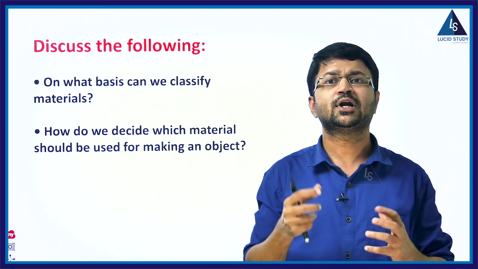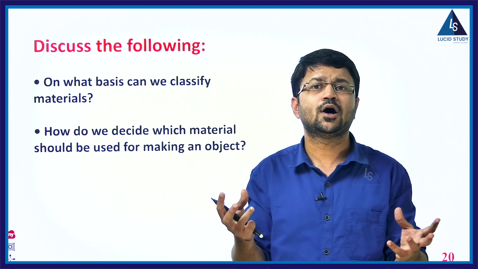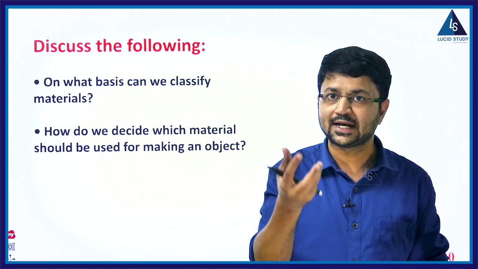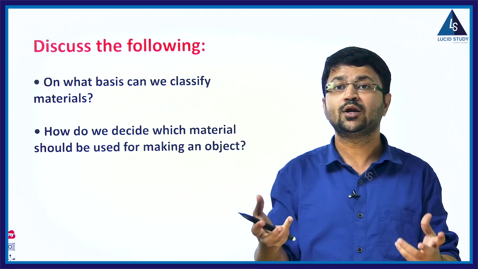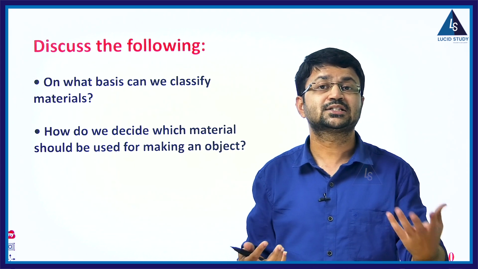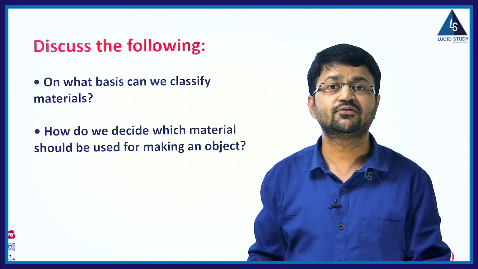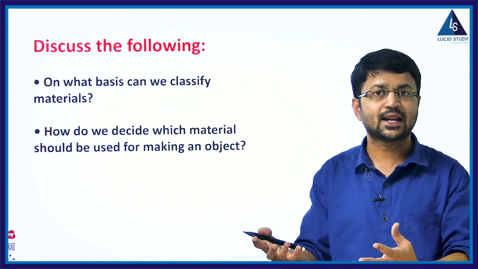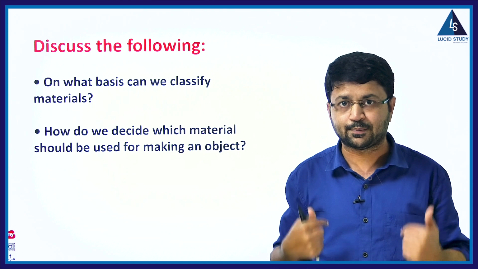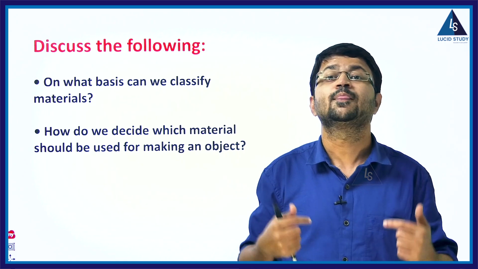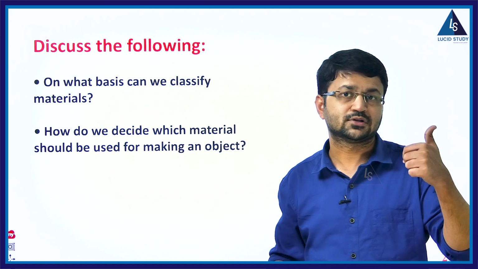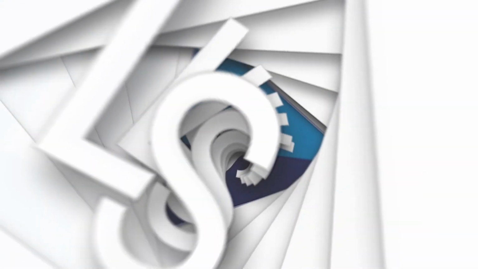We can make a ball by using clay, we can make a ball by using glass also, but we cannot play cricket with such balls which are made up of either glass or clay. Is it clear? See here, depending upon our purpose, depending upon our utility and need of the object, we have to select the material.